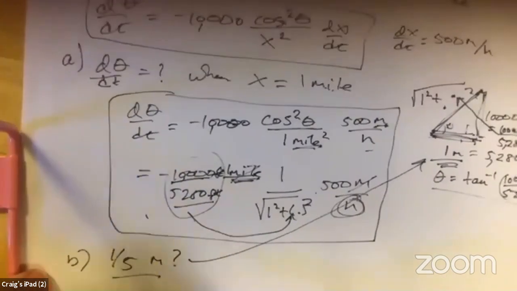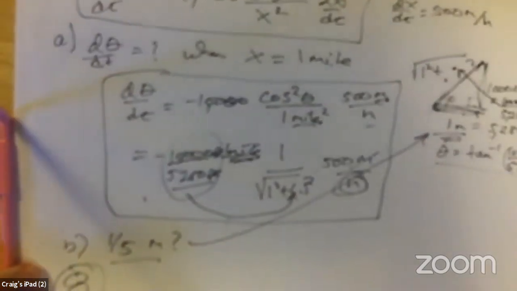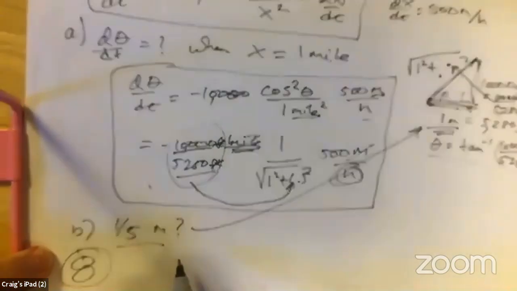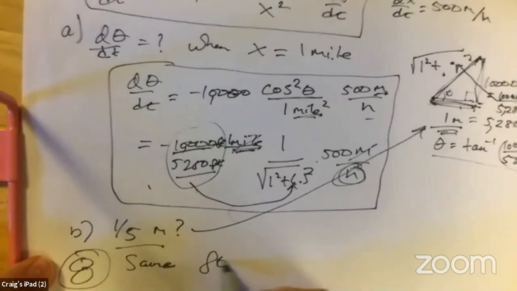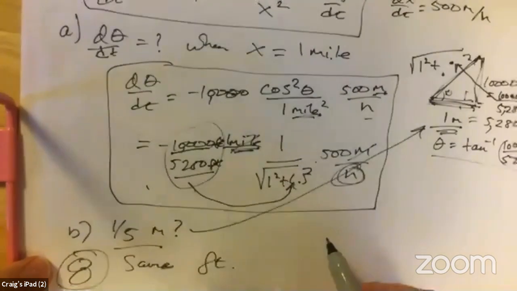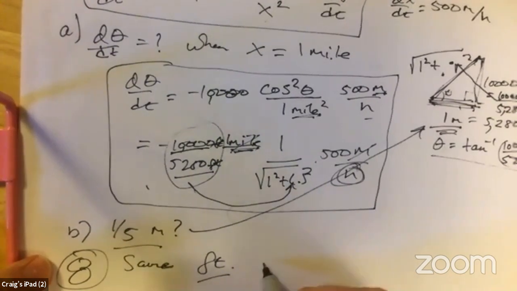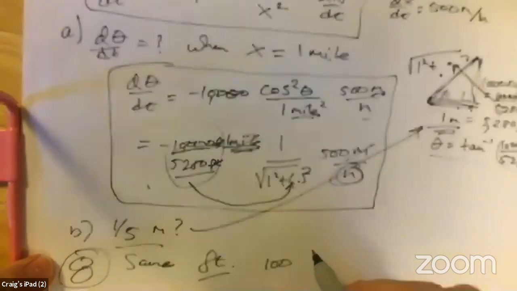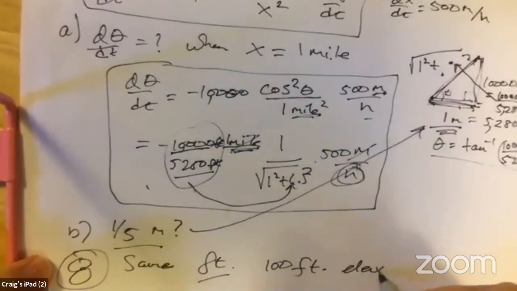And then people also asked about number 8. Number 8 is just the same problem with feet. Okay, so it asks if it's moving at 500 miles per hour again, and the only thing it changed is that it changed to feet, it changed to 100 feet high, I guess, elevation.